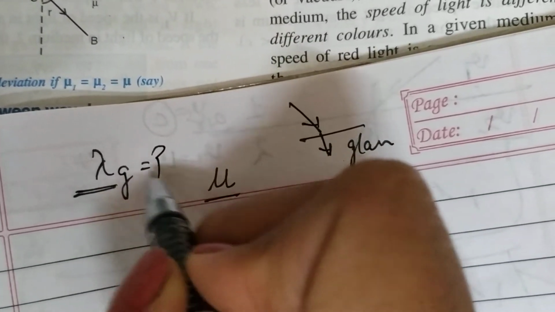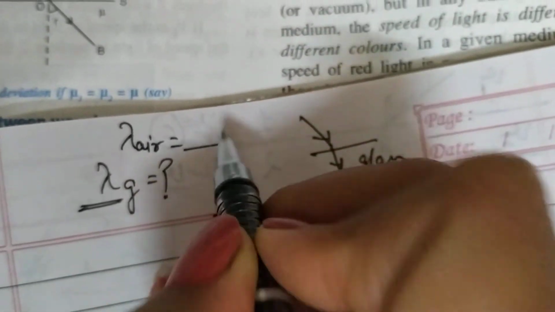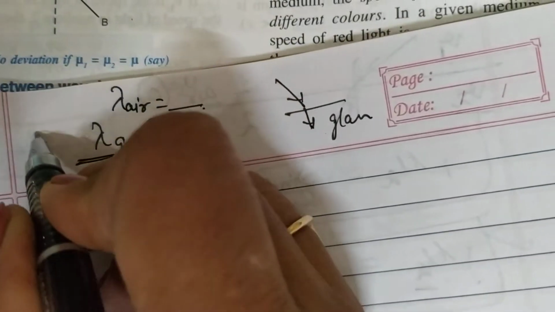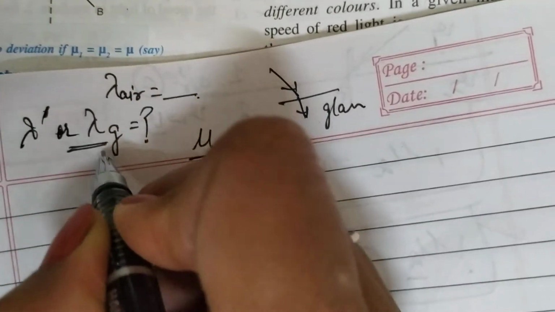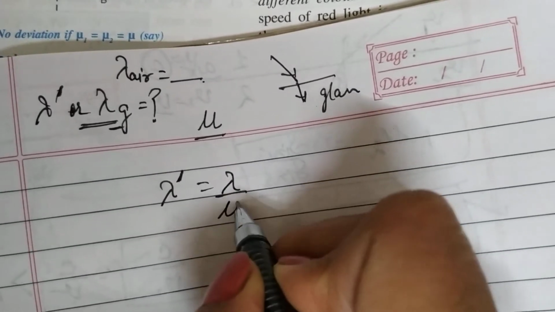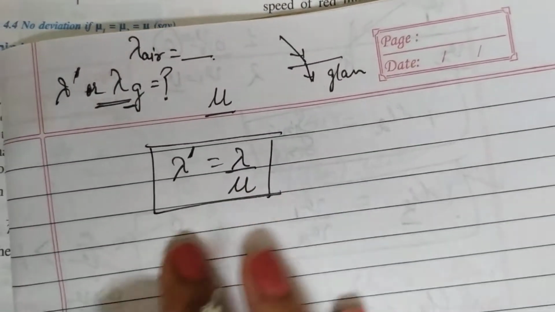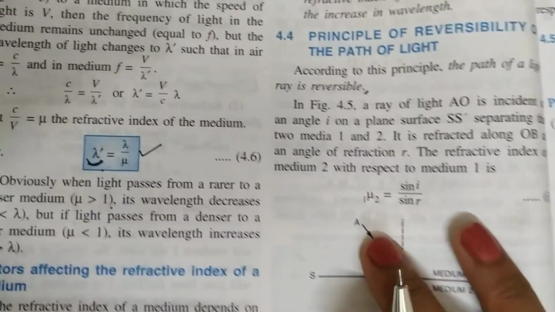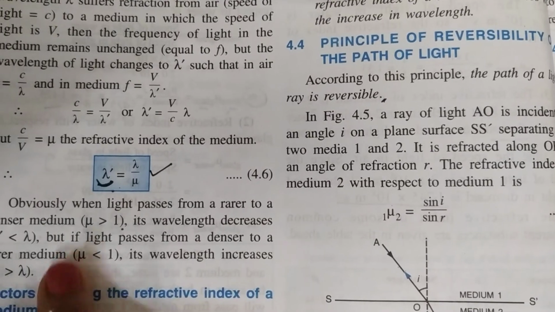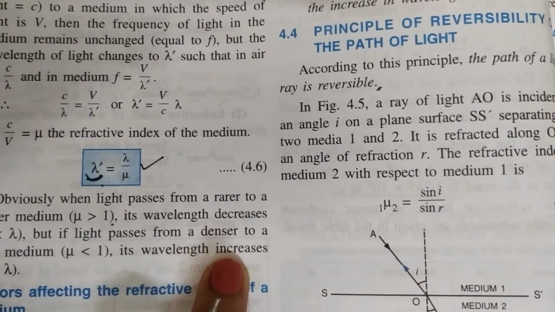The formula for wavelength in the second medium is lambda upon mu, meaning 1 by refractive index times the wavelength. The wavelength decreases if mu is more than 1, and if mu is less than 1 it increases.